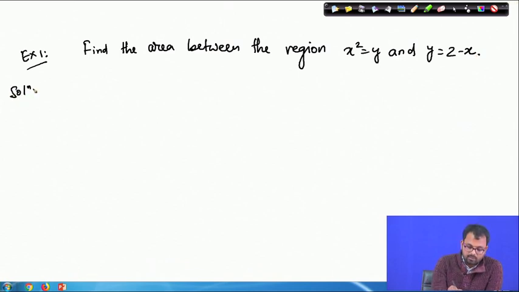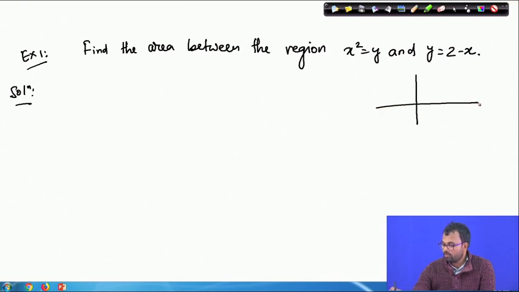As I always say, it is always advisable to draw the area first. So let us draw. This is our x, this is our y. We have x square equals y, so it should be something like this, a parabola passing through the origin, so it must touch the origin as well.